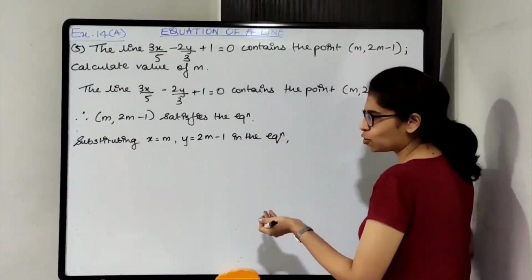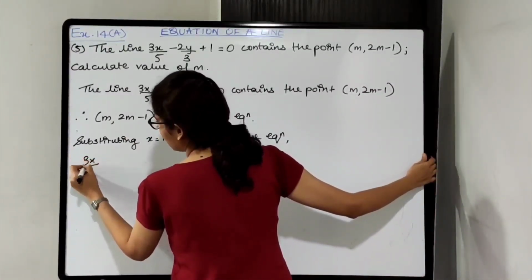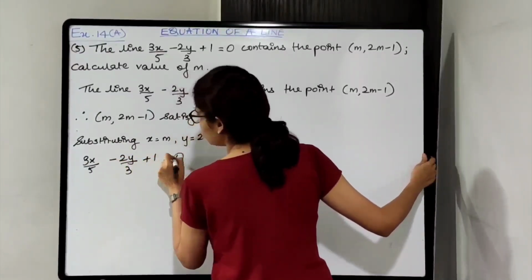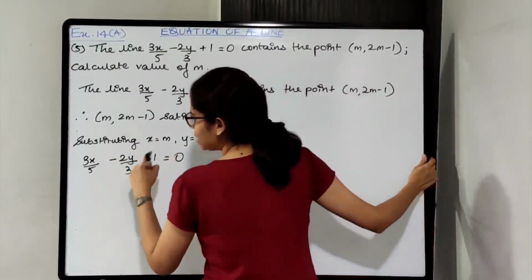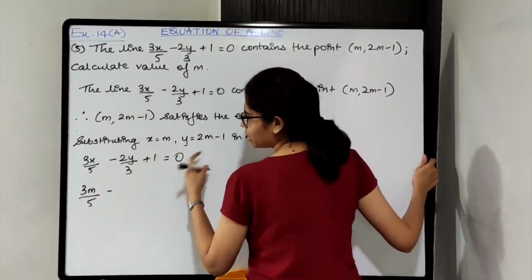Directly substitute in the equation. So equation is 3x/5 - 2y/3 + 1 = 0. x is m and y is 2m - 1.